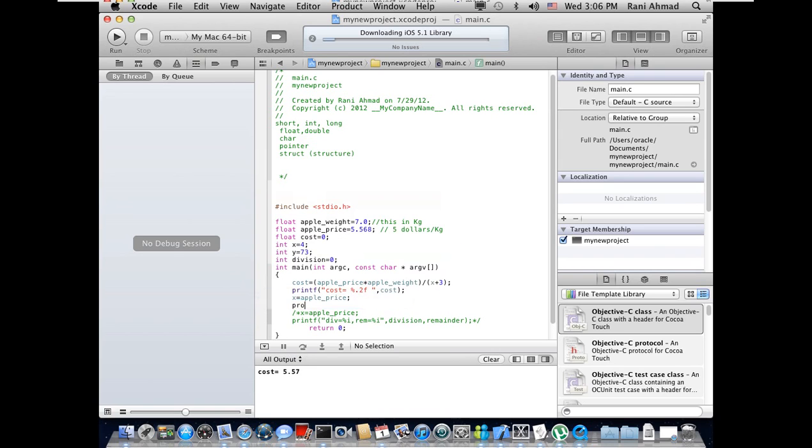Because x is currently 4, it's set to 4. Now I set it to apple price, but apple price is a float number and x is an integer, so it should take only integers. So x is %i, I mean, and then this is x.